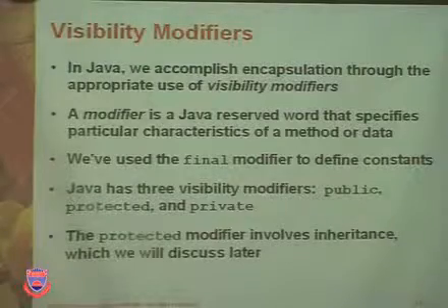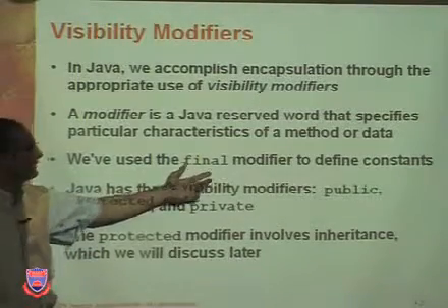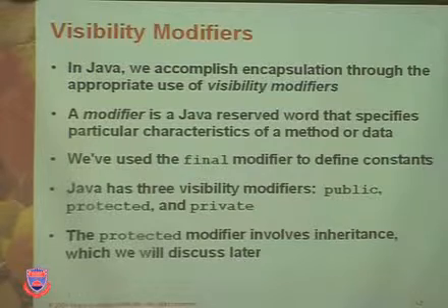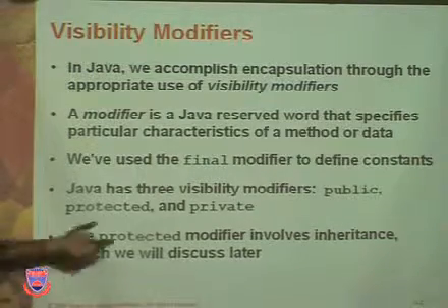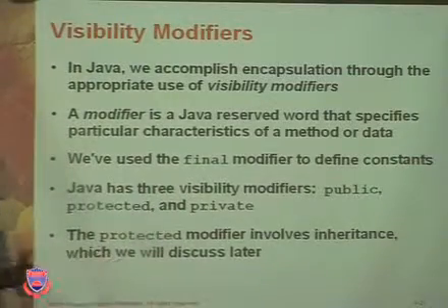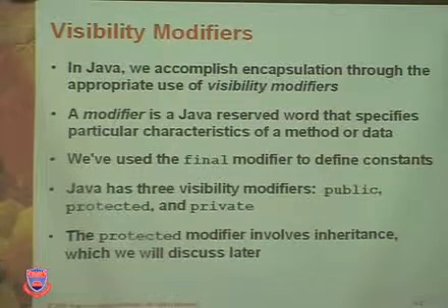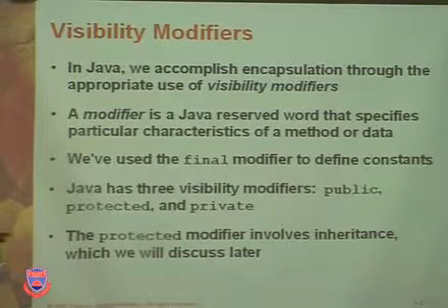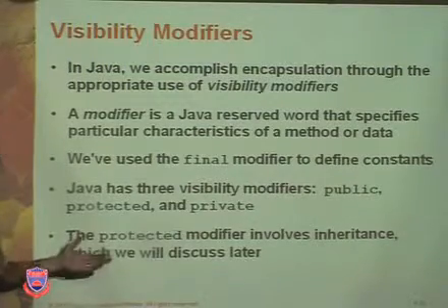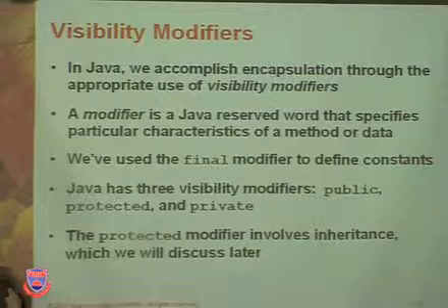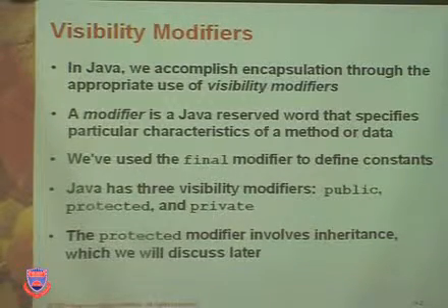And just to note here, if you have a final modifier for a constant, you don't really need to define it as private because it cannot be changed anyway, right? Since it's final, you don't need to declare it to be private. It can be public as well because nobody will be able to modify it anyway. And we will see the protected identifier. It is used mostly in inheritance, and we will see how it behaves under what conditions.